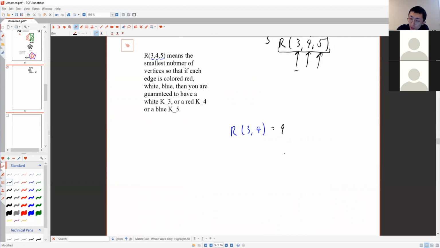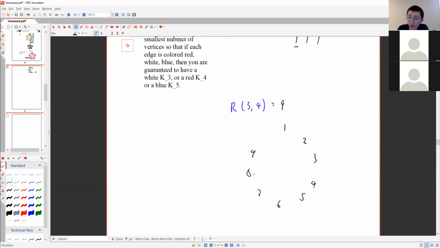I think we can do the same argument. Let's say you have vertices 1, 2, 3. So you have two cases, right? You could either have at least 3 red edges coming out of 1, so this is red, and this will be blue, or you have at least 6 blue edges coming out of 1, right?